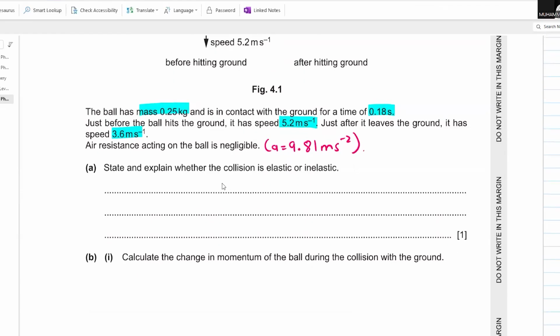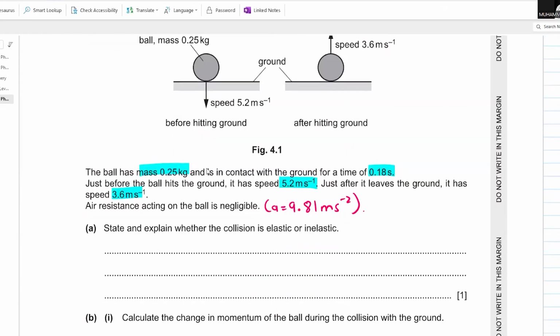If you look closely, the velocity or the speed before collision is different to the velocity or the speed after collision. This is the velocity before collision. This is the velocity after collision. Both of them are unequal. Hence, kinetic energy before and after collision will be unequal. Hence, the collision is inelastic.